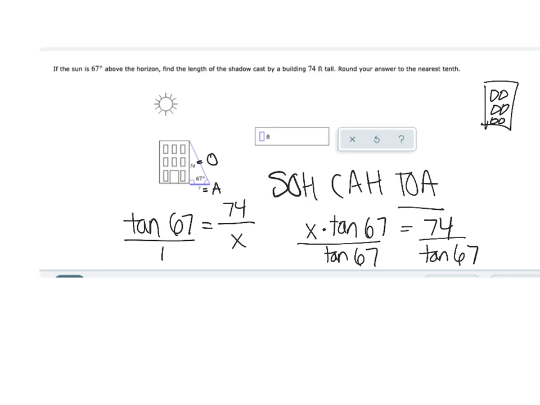You should get an answer for this one to be 31, and it looks like it wants you to round to the nearest tenth, so 31.4. So your answer here would be 31.4 feet. Okay, so use that Alex calculator because it will have it in the right mode.